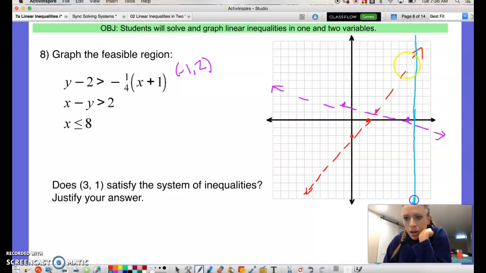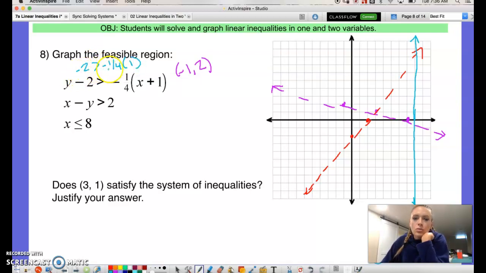Okay. And then we need to graph the feasible region. To graph the feasible region here, we want to know where x is 0. (0, 0) doesn't lie on any of these, so that's a good point to test again. So we'll have -2 on this one, and then is it greater than -1/4 times 1?